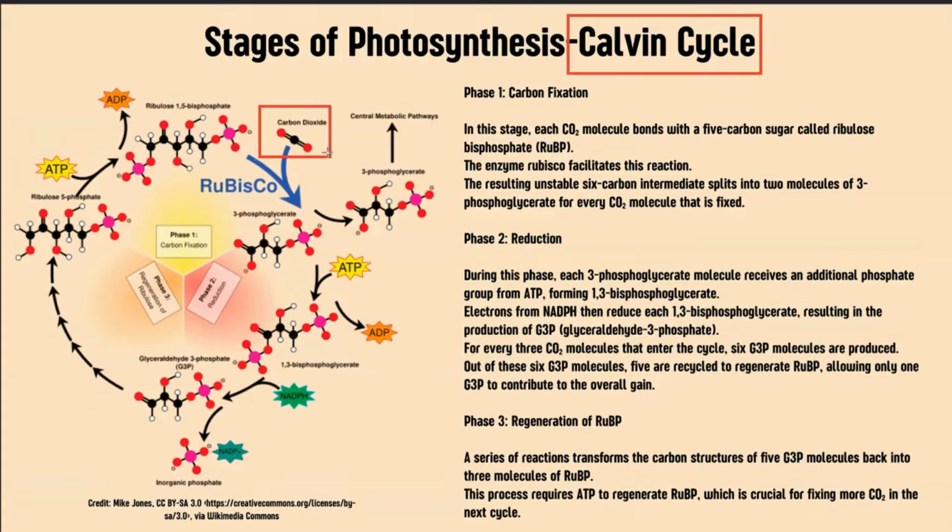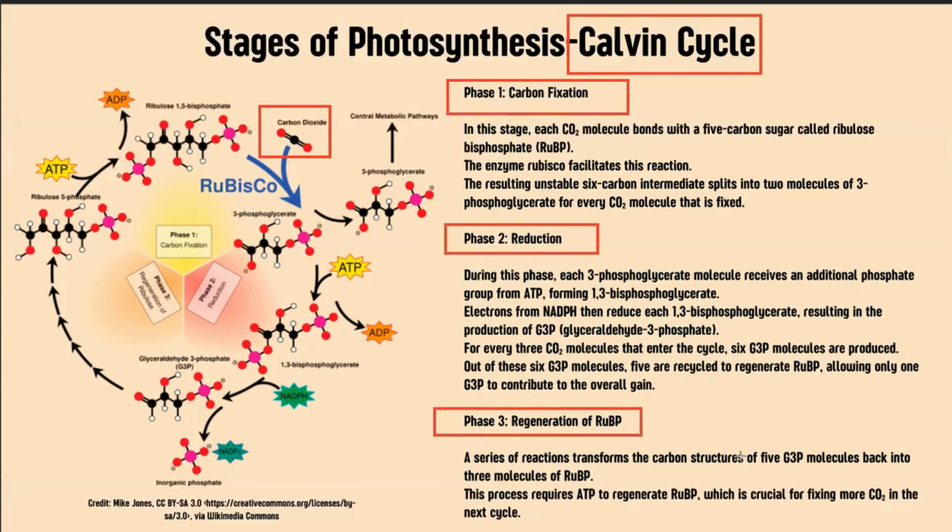The way I like to think of it is Calvin begins with the letter C and so does carbon dioxide. Essentially, there are three main phases in the Calvin cycle, known as carbon fixation, reduction, and regeneration of RuBP. We're going to cover these three main steps in detail.